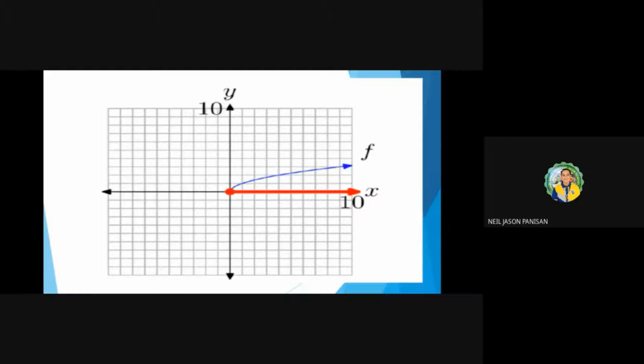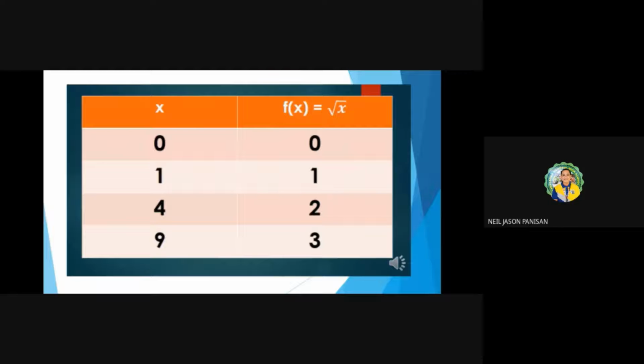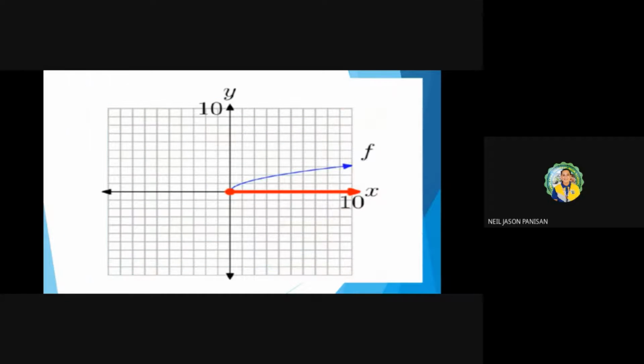So this is now the vertex or the center of our graph. And if our second ordered pair is 1 and 1, meaning from our vertex or the beginning of our graph, we count one going to the right and one going up or upward for our second ordered pair.